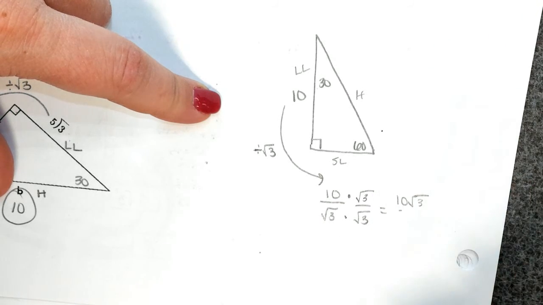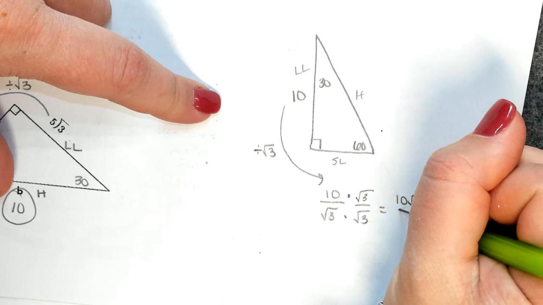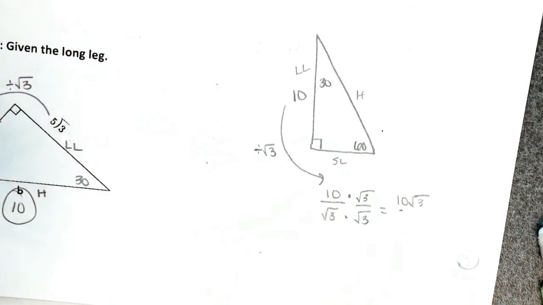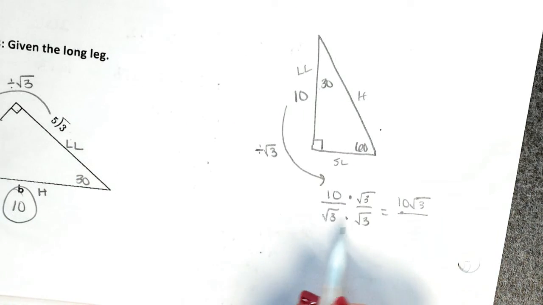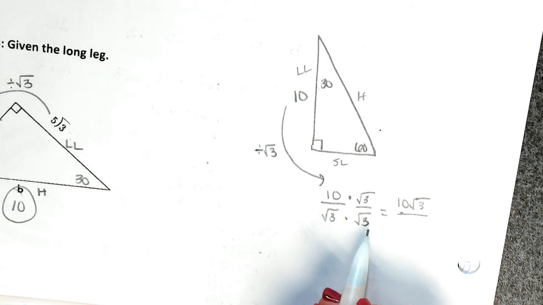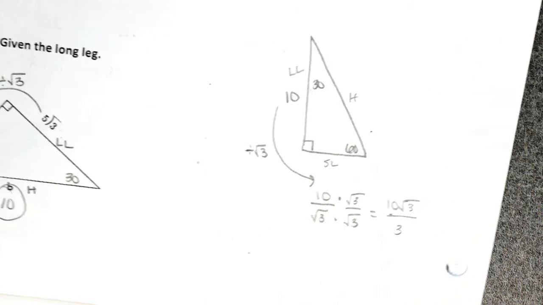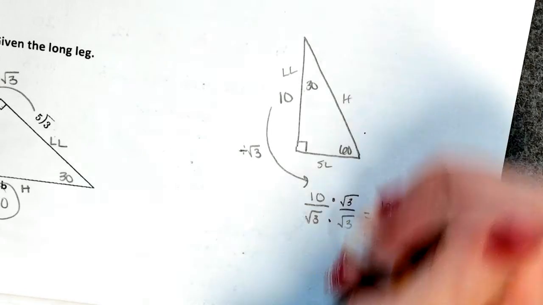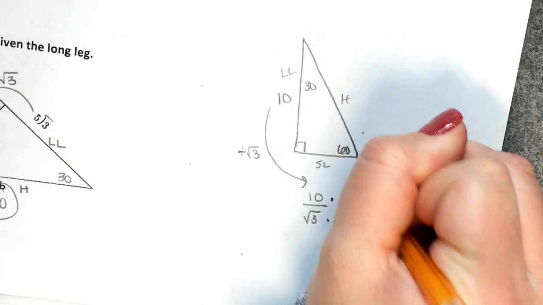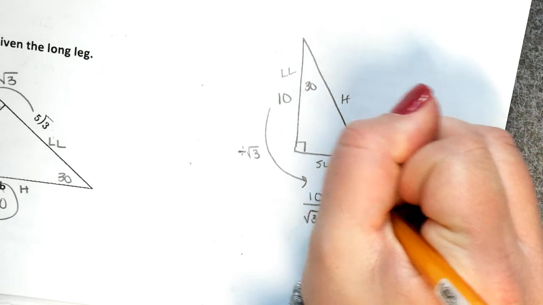On the bottom, what do you have? 3. We're going to have the square root of 9, which is 3. Can 10 square roots of 3 over 3 simplify at all? No, that's done. So this is your answer for the short leg.